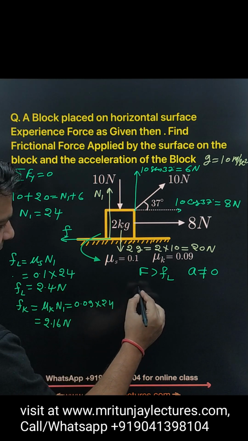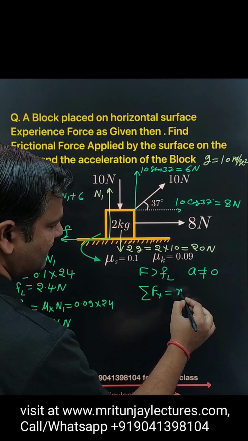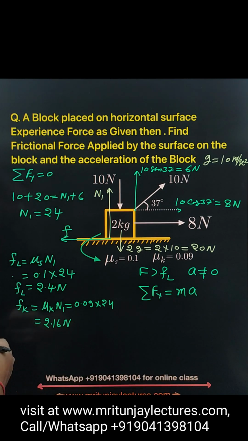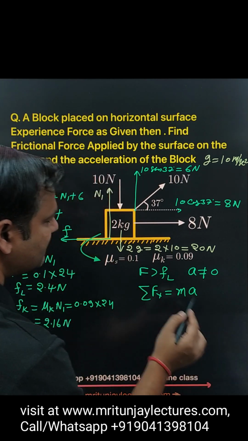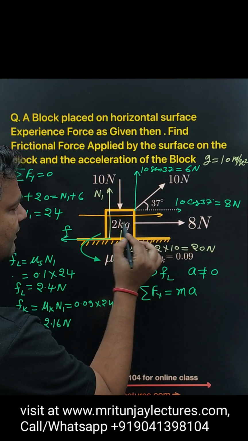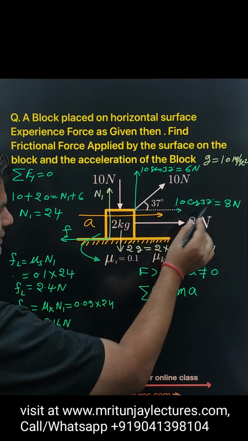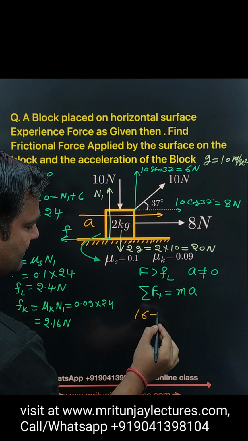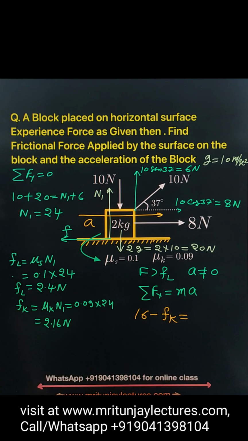So apply Newton's second law, F of x is equal to mass into acceleration. Now we have considered the acceleration of the block as A in the positive x direction. According to Newton's second law, the unbalanced force 8 plus 8, 16 minus Fk, because during motion which frictional force acts?